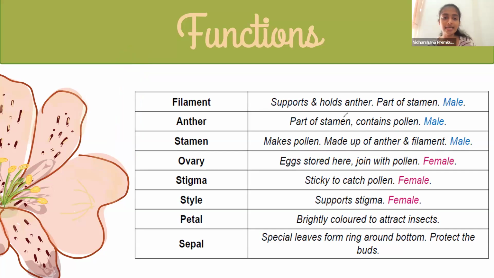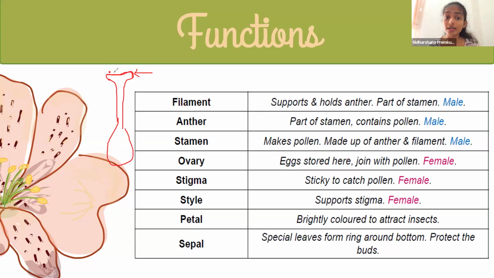Stigma is the sticky part. Now remember, I drew it earlier also. We have the stigma like this. We have the tube-like structure over here. And then we have the ovary. So this top part here is called the stigma. This part over here is a very sticky part. Why do you think it is sticky? It is sticky in order to catch the pollen.